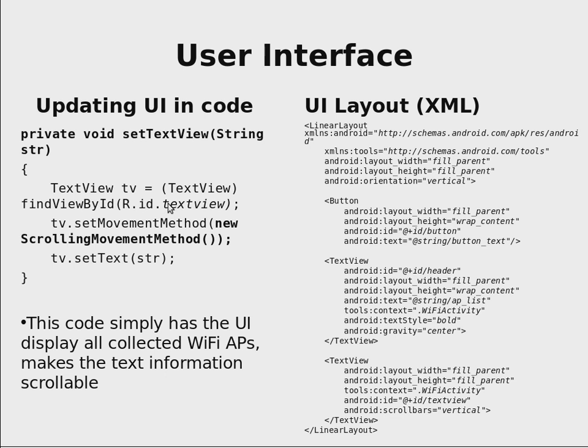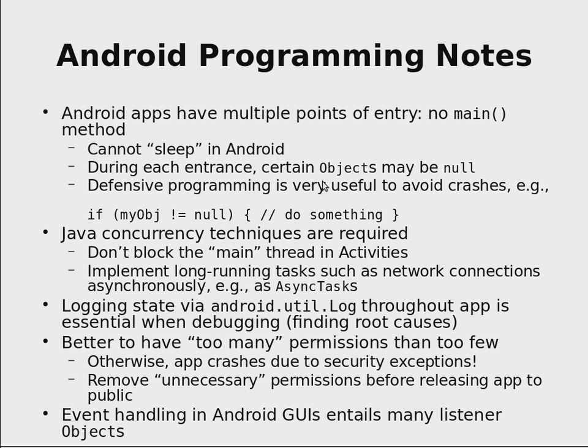Similarly, you can call the method findViewById with the identifier of this particular one, and then you initialize this variable. So it's not as easy as right-clicking and adding an event handler as in WindowBuilder.